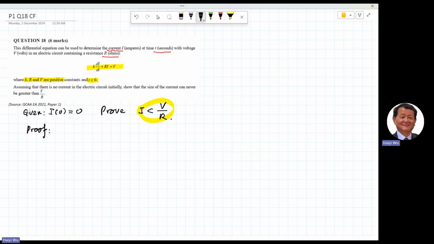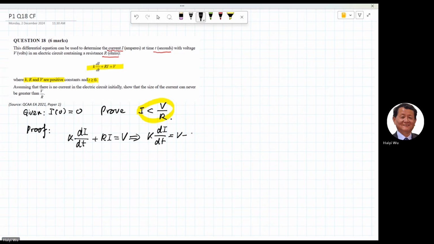First step, we need to sort out this equation. We have K times the derivative of current with respect to time. That's the initial differential equation. I'm going to move things around a little bit. I'm going to move the I to the right-hand side.